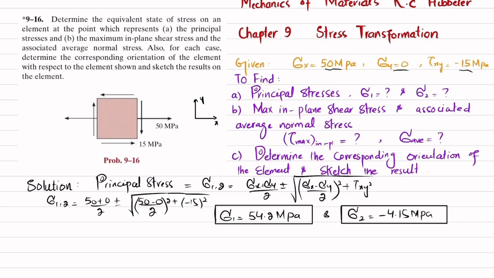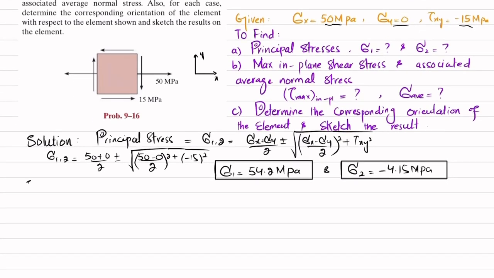Now we will specify its location or orientation. Specify orientation of sigma 1 and sigma 2. So we know that for that we will find theta p1.